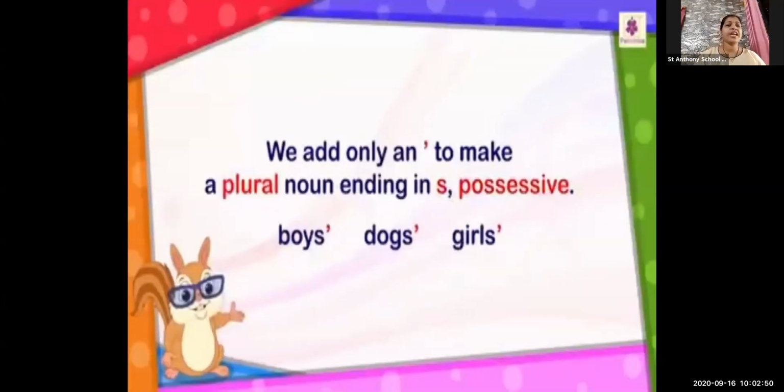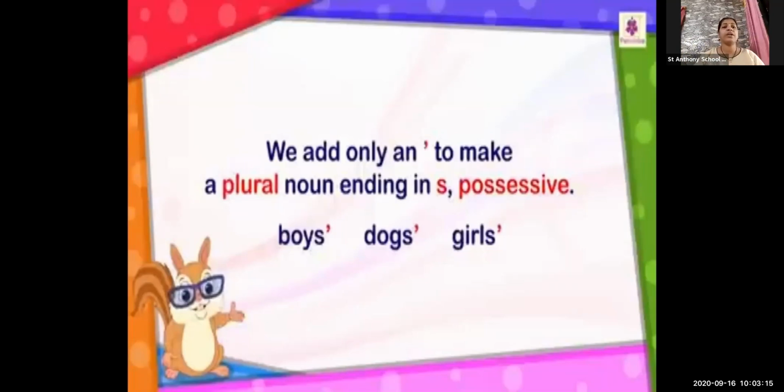Now, we add only an apostrophe to make the plural noun ending in s possessive. When we talked about one boy, at that time I put an apostrophe after y, boy's. That means only one boy I was talking about.